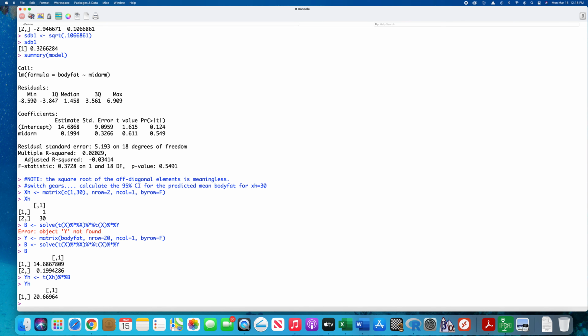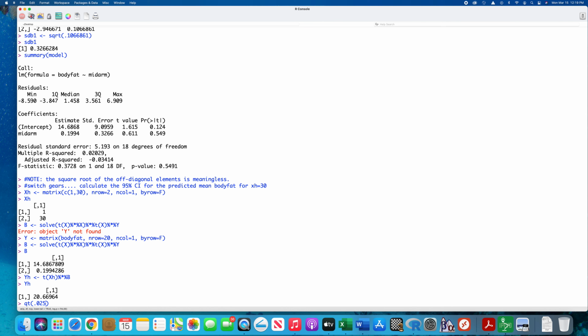The next thing I'm going to need is the critical value. So I'm just going to do qt. I have 18 degrees of freedom, and I have a 95% confidence interval. So if I visualize that center 95%, I'm missing 5%. Half of that needs to go to the left, 2.5%. Half of it needs to go on the right tail, 2.5%.